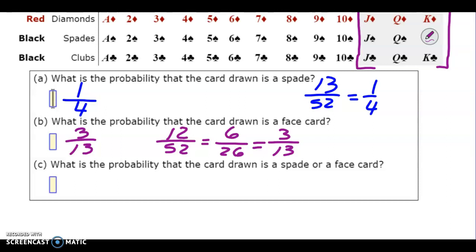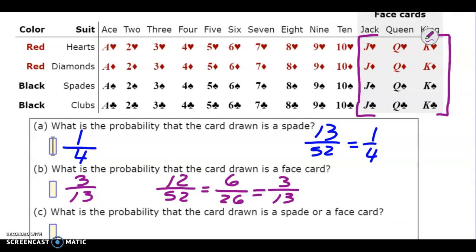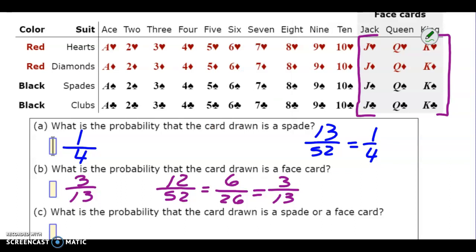And then what is the probability that the card drawn is a spade or a face card? So here we just want to make sure we're counting. We want to be careful. You're not necessarily saying all 13 spades plus your 12 face cards, because some of those face cards are spades. So there's 10 spades that are not face cards, and then there are 12 total face cards.